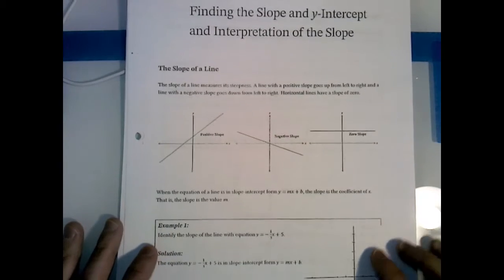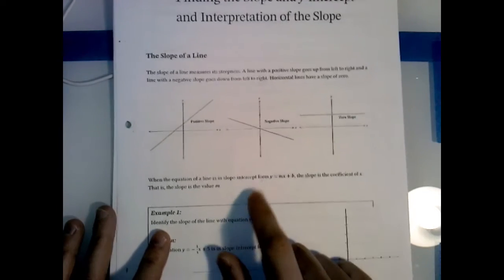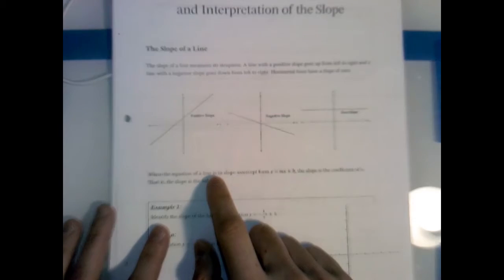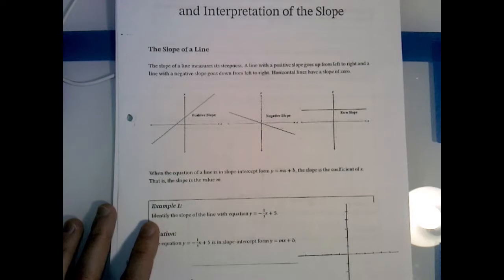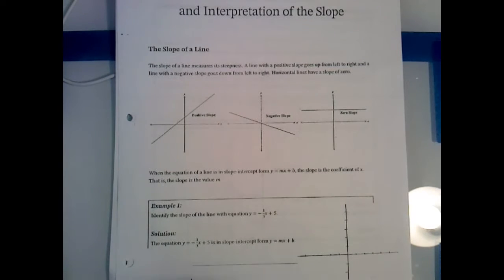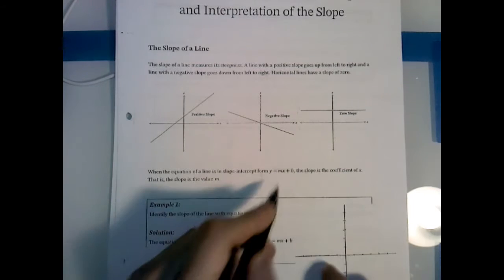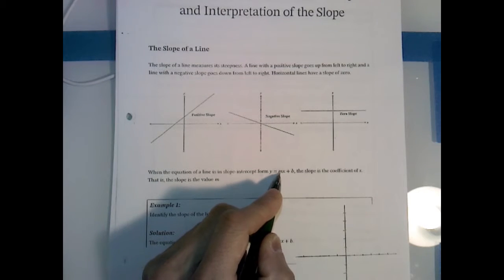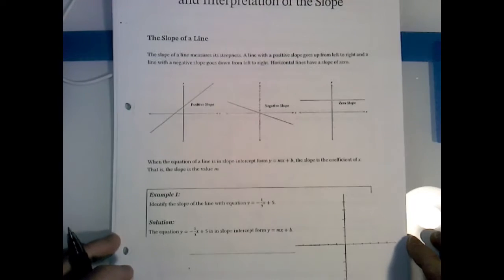Now, before we jump into the math, I want to remind us that when an equation is written in slope-intercept form, you have y equals mx plus b. The thing that's next to the x is the slope. So this m here is the slope. It might be a little hard to see.